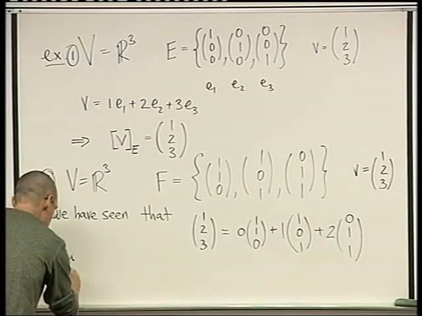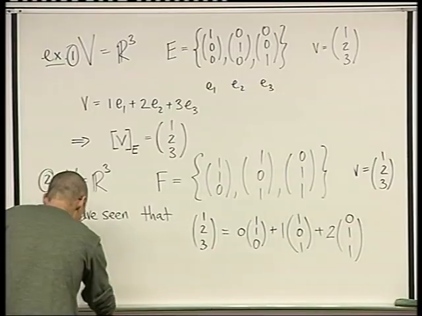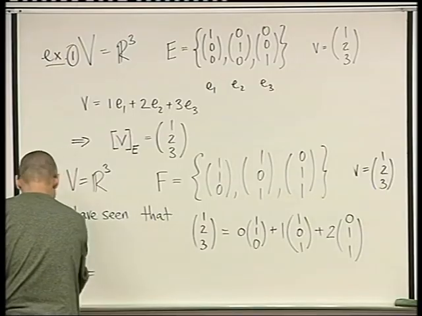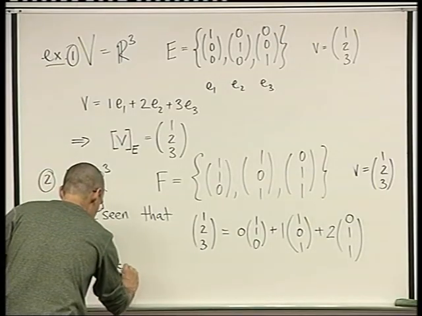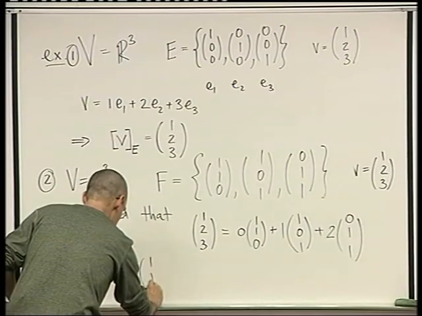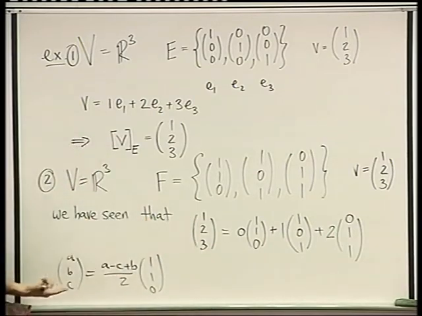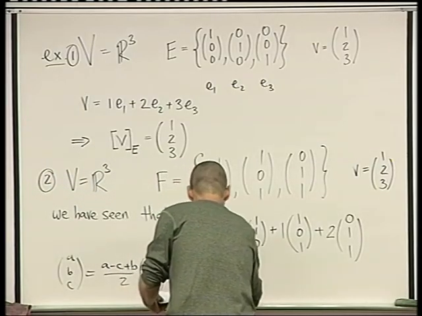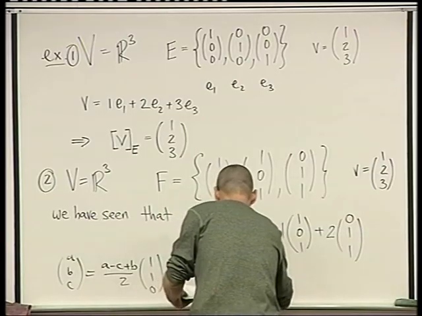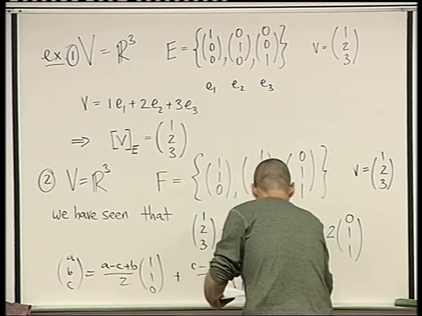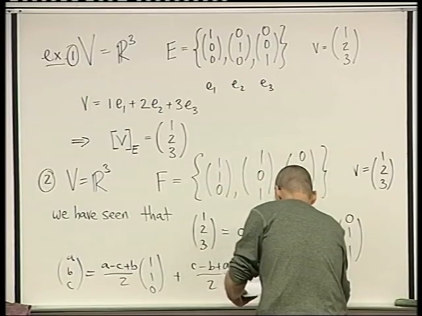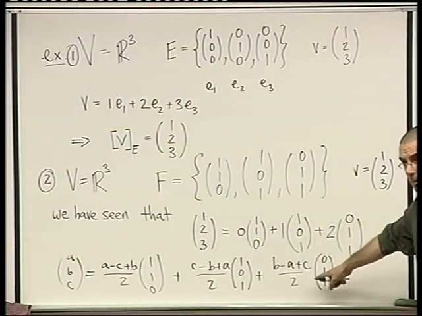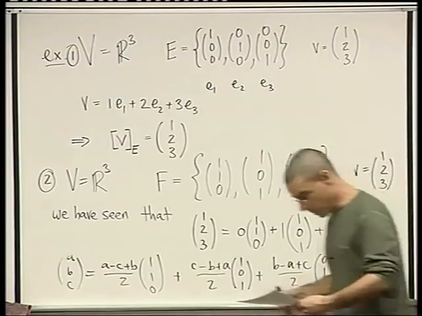We saw that any vector (a, b, c) can be written as (a minus c plus b) divided by 2 times (1, 1, 0). And for (1, 2, 3), you get just 0. Okay, you can calculate it. Plus (c minus b plus a) over 2 times (1, 0, 1). Plus (b minus a plus c) over 2 times (0, 1, 1). That's in general. Okay? Does this ring a bell? Do you recognize this? Okay, good.